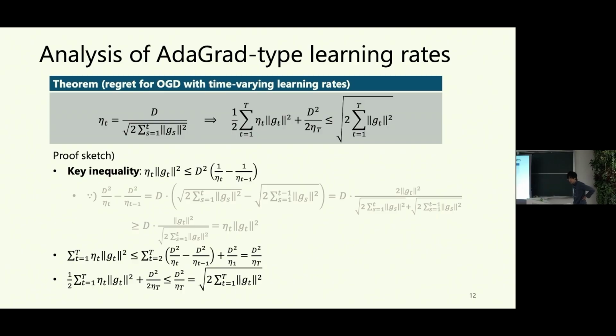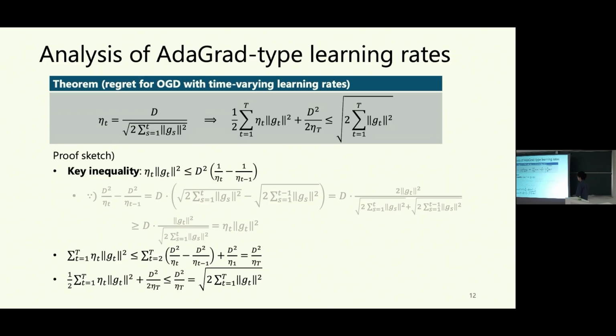Any other questions so far? I omit the detailed proof, but I'd like to mention the key inequality in the proof of this one. Given this condition, each term regarding the gradient norm is bounded by the difference between the inverses of the learning rate.